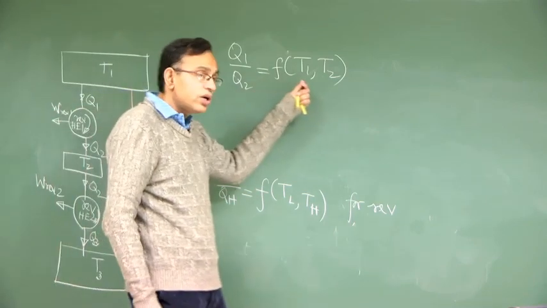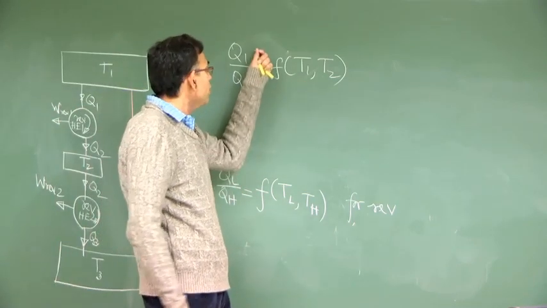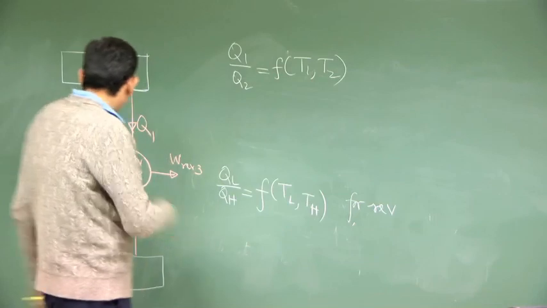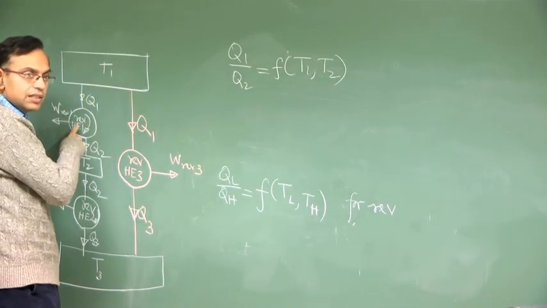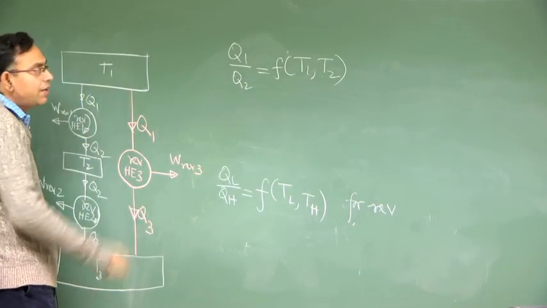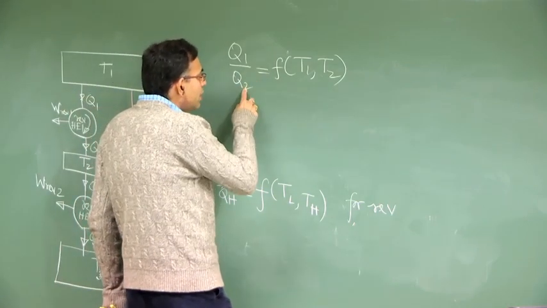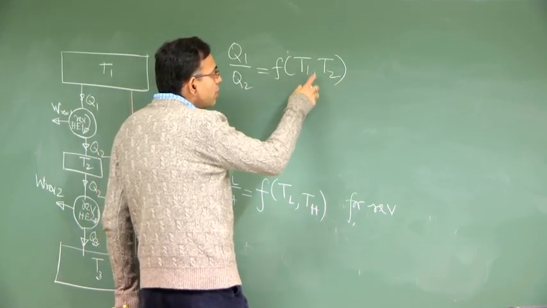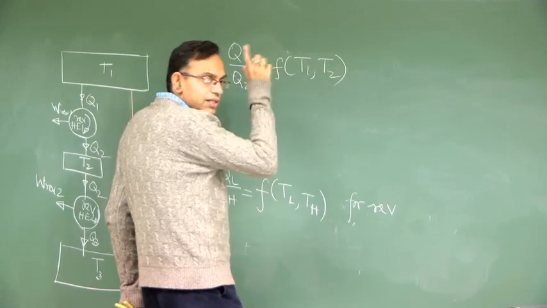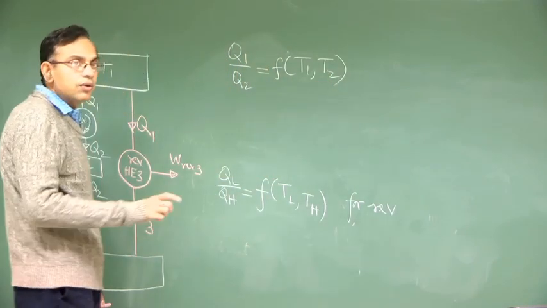Remember that this is true only if it is reversible, although we have not written anywhere reversible, but in the diagram we have mentioned that this is reversible. So, that should be kept in mind. Again I am repeating, Q1 by Q2 is a function of T1 comma T2 only if it is reversible, otherwise not.